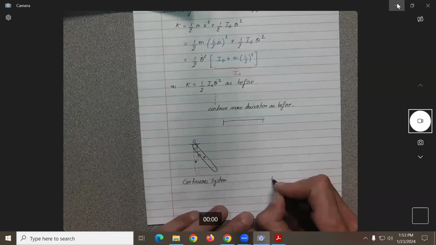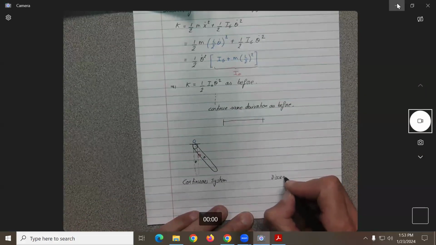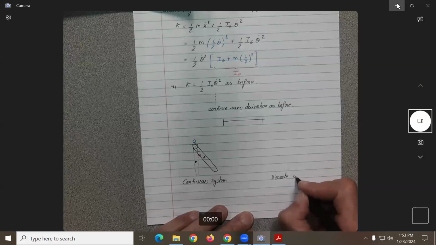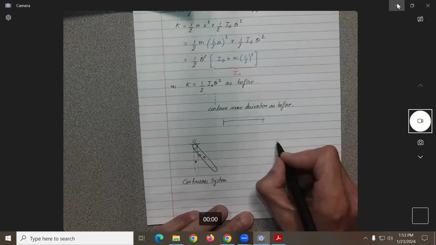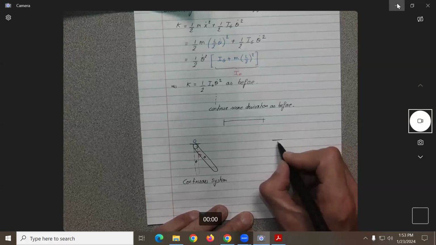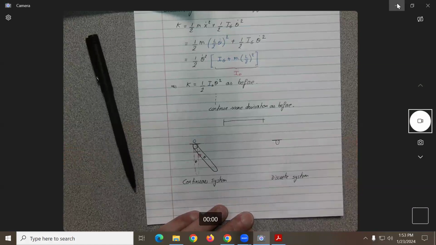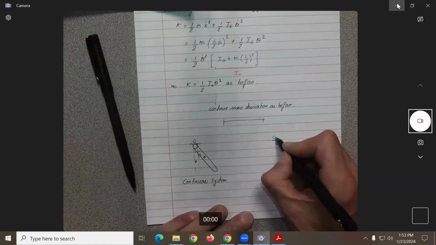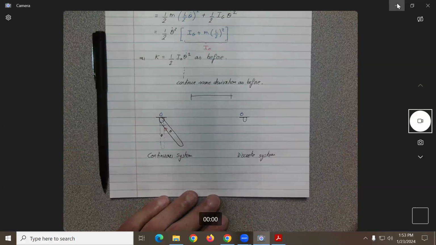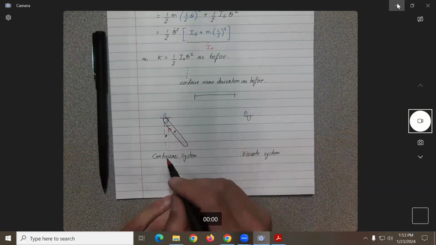If I wanted to rewrite this one as a discrete system, how do you think it would look like? I mean, I'm just doing it because I defined it before. What type of motion is this going to have?